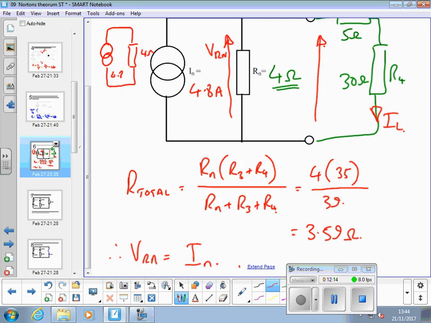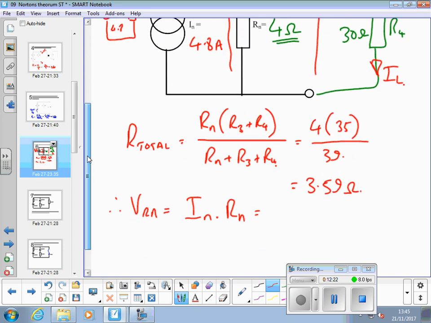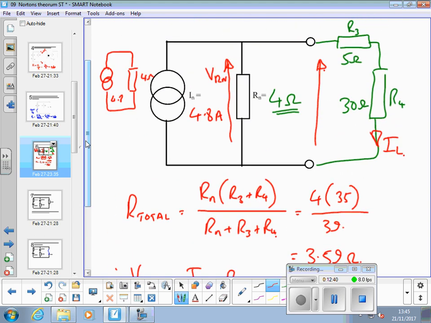IN times RN. IN is 4.8 times 3.59 equals 17.23 volts. So we now know we got 17.23 volts across that pair of resistors.